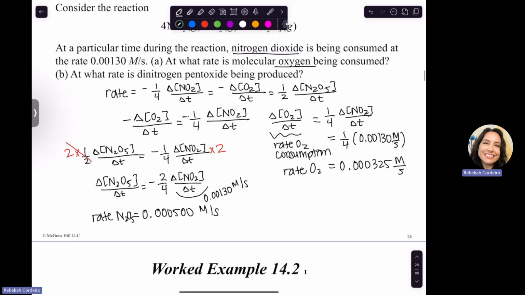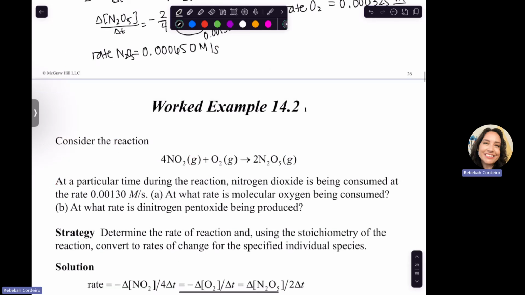I wonder if these numbers are just a little off because they're using a different value. I wouldn't have used 0.1001. It should give you the same thing. I don't know why. Hopefully you caught that I had made some sort of error there. It should be 0.00065, which is correct.